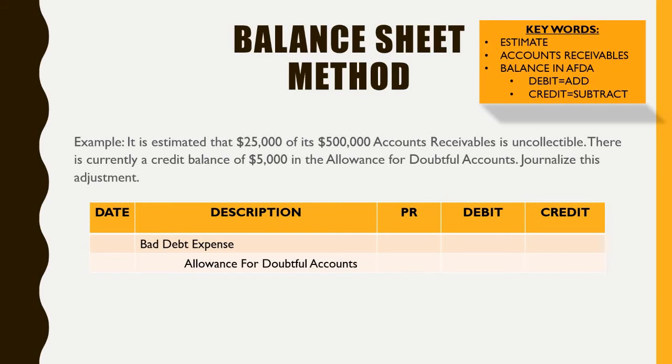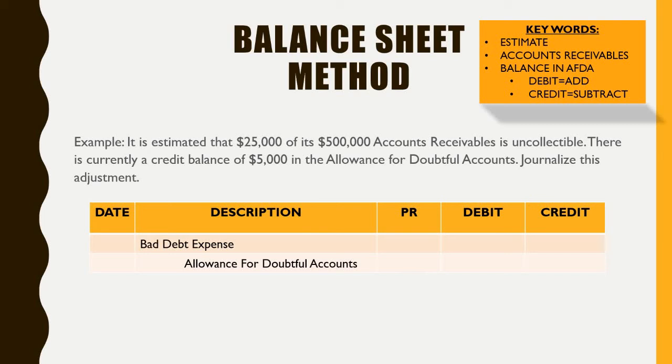Same scenario here, except this time I have a credit balance of $5,000 in the allowance for doubtful accounts. So what are you going to do here? Okay, so the first thing is we're going to recognize what the estimated amount is. 25,000.